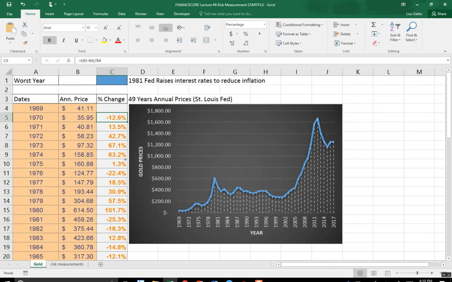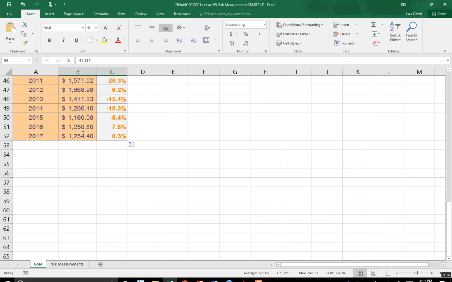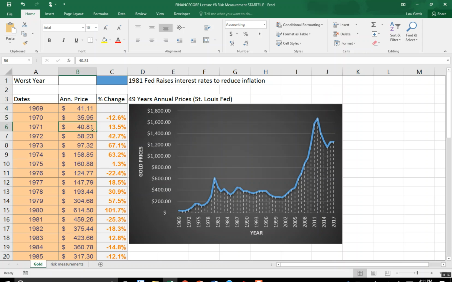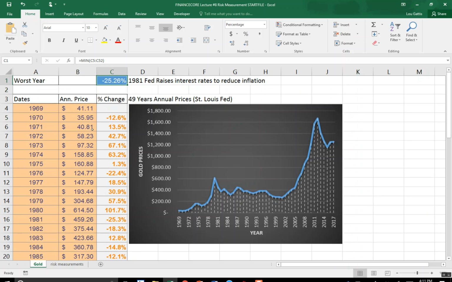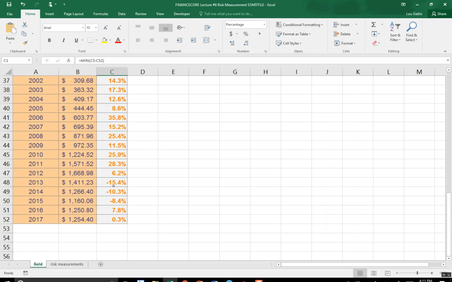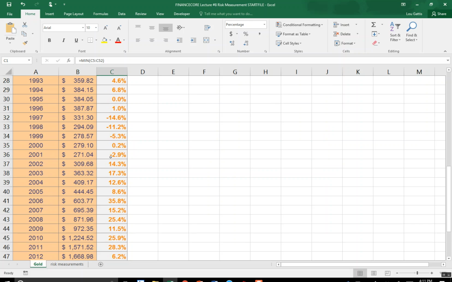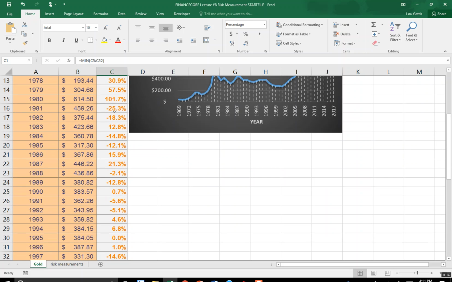I want to look at percent changes because when gold was selling for $40, a $5 change is pretty big, but when gold is selling for $1,600, that change is not that big. So we can look for the worst case. I'm going to say equals MIN for the minimum, and put in my array of all the prices. You can see the worst case was negative 25%. We can find that outcome, and there it is, 1981.